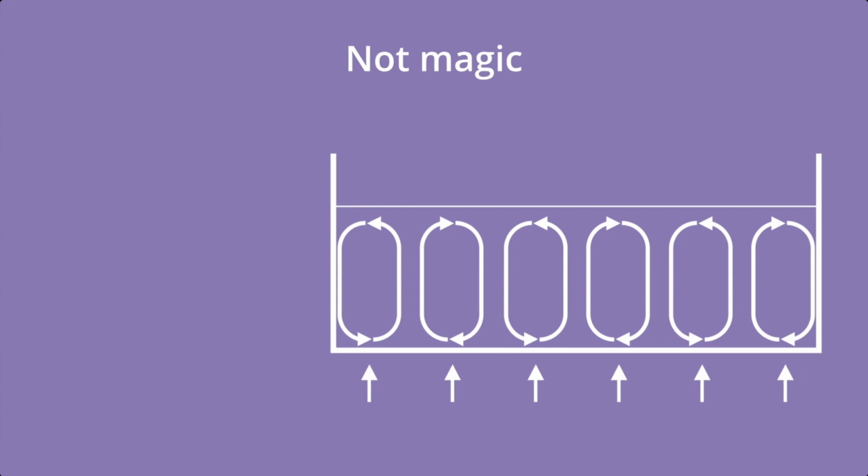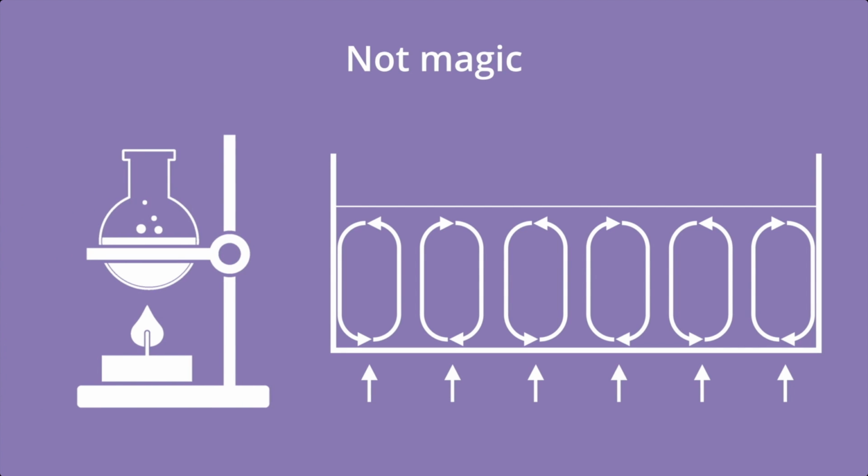And it's not magic. We can see in this example, called Bernard cells, an often cited example of self-organization. On the right here, we can see a cylinder or a container of water being heated from below. The molecules at the bottom, because they're being heated, want to rise up.